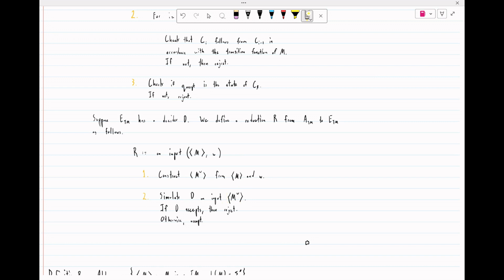But the language of this Turing machine was exactly the accepting computations of M on W, which means that there is no accepting computation of M on W, and therefore we, as the decider for ATM, should reject. Otherwise, there is some accepting computation, the language is not empty, and we should accept. We all understand how this worked?